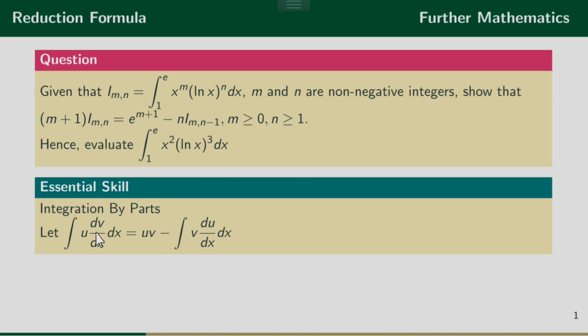It means when you want to apply integration by parts, you need to let one of those functions be u, which you will differentiate to obtain du/dx, and the other function be dv/dx, which you will integrate to obtain v.